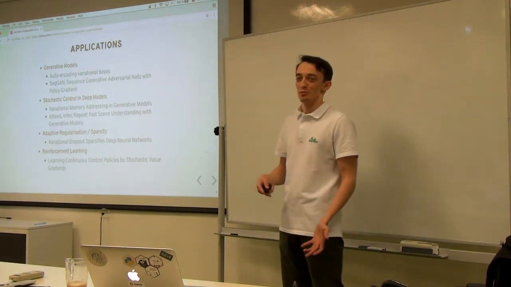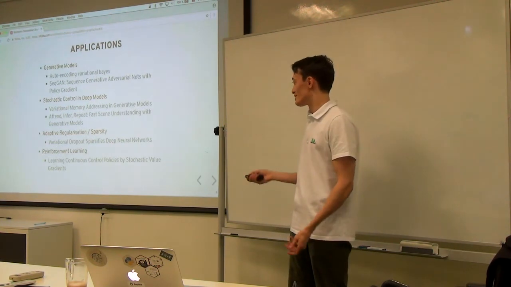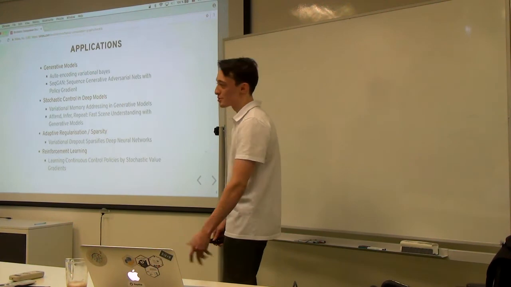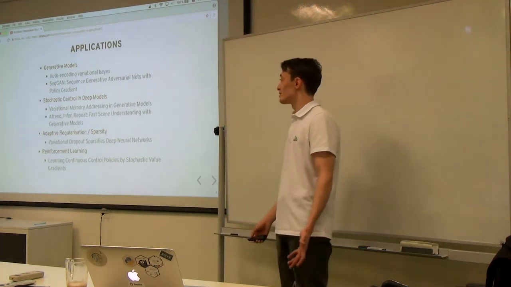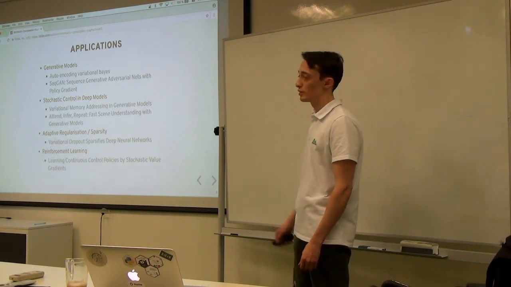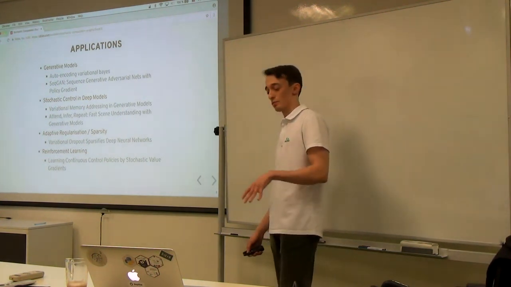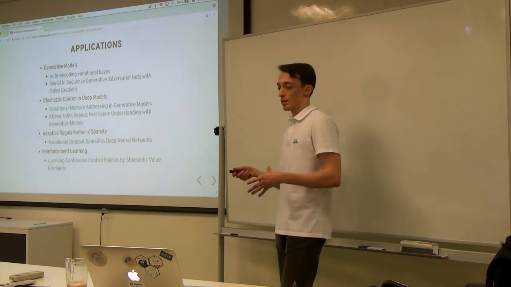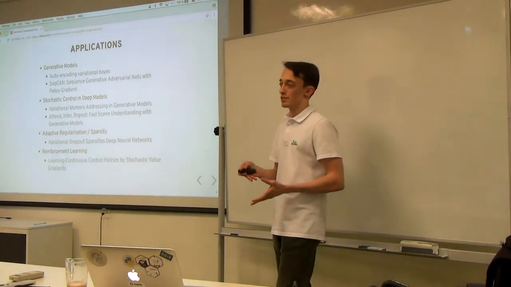There is a well-known paper by our group on variational dropout that sparsifies deep neural networks. That was also obtained using the same ideas. And in reinforcement learning, you can learn a differentiable model of your environment and backpropagate gradients through that.